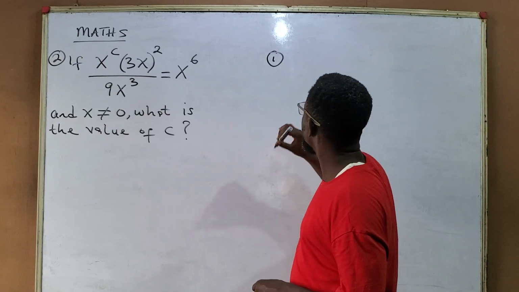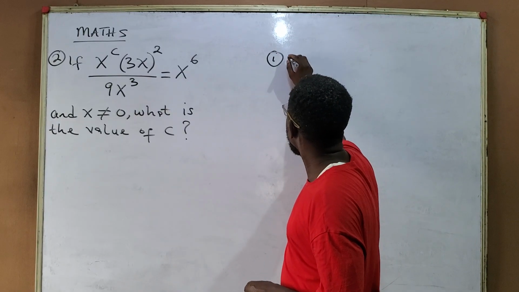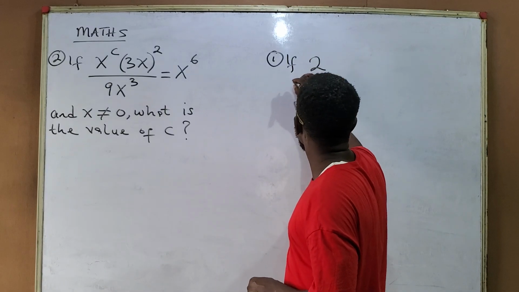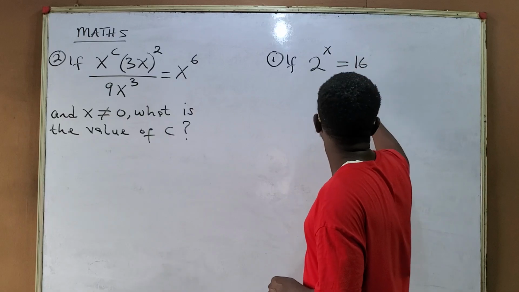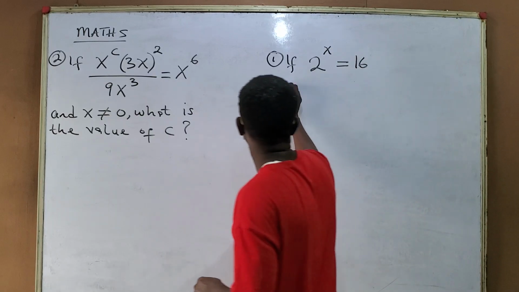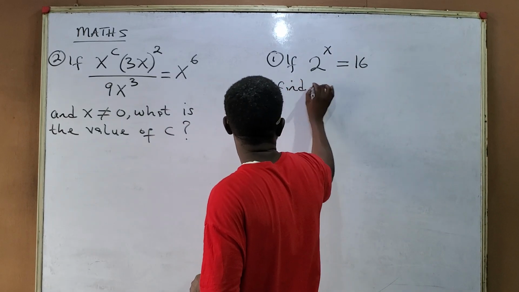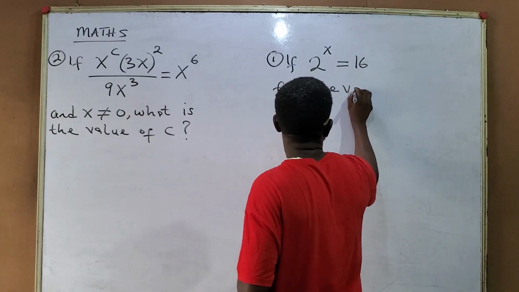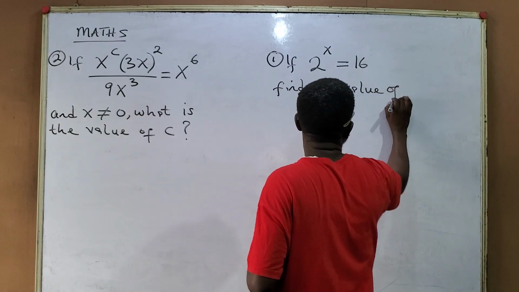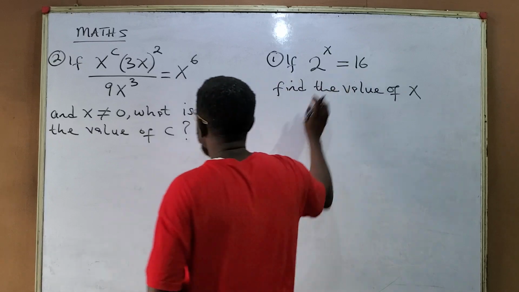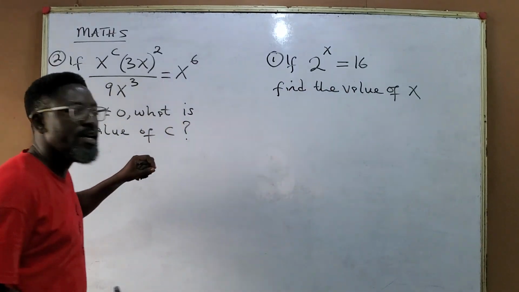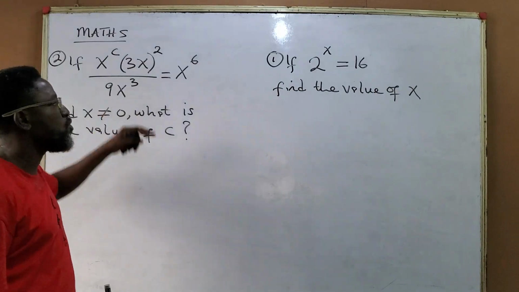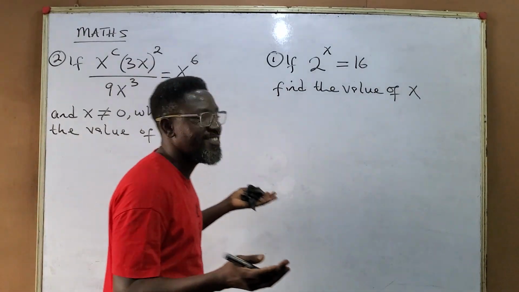Supposing you have a question like this: if 2 to the power x equals 16, and then you are asked to find the value of x. If you understand the simple question on the board, then you're able to apply the rules of exponent to solve this one. It's very easy.